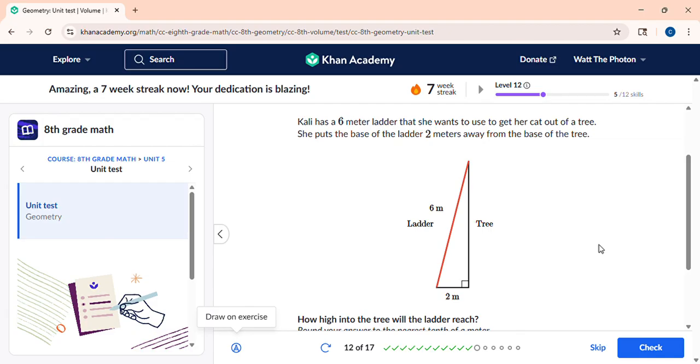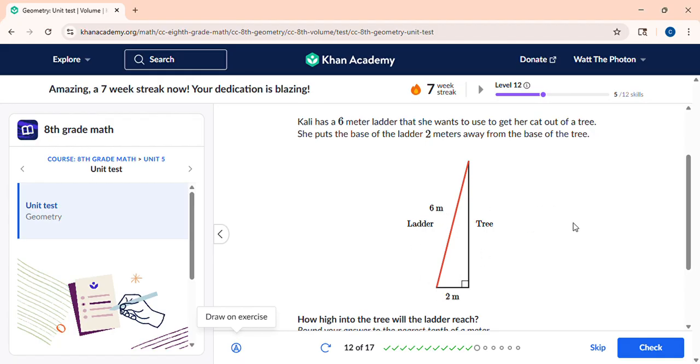Let's see. Kyle has a 6-meter ladder and she wants to get her cat out of a tree. She puts the base of the ladder 2 meters away from the base of the tree. How high into the tree will the ladder reach? Oh wait, we just use the Pythagorean theorem, right?